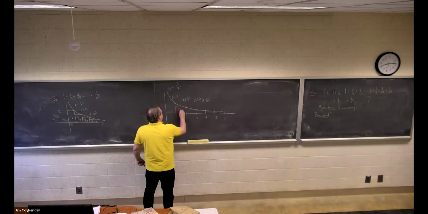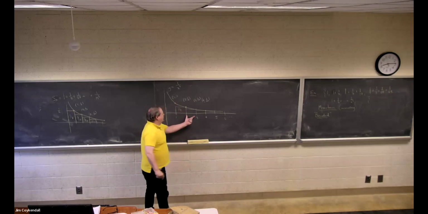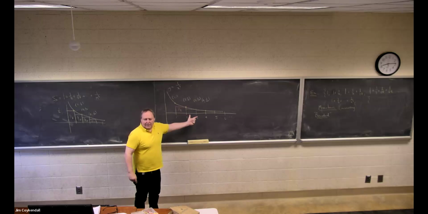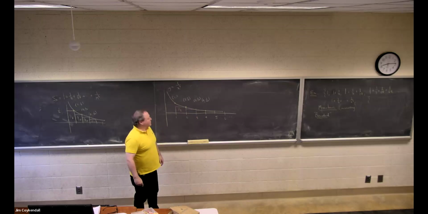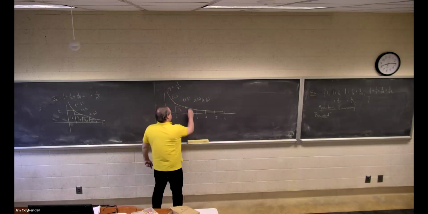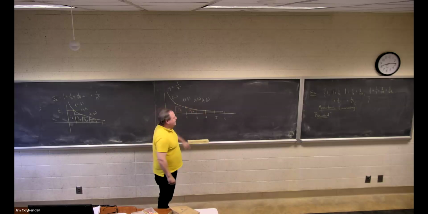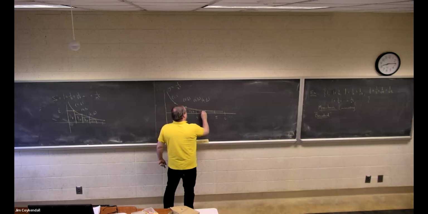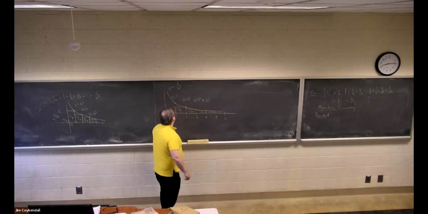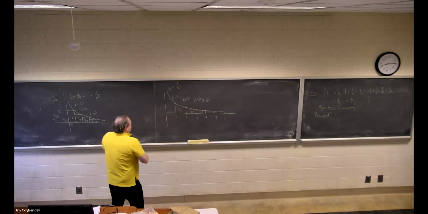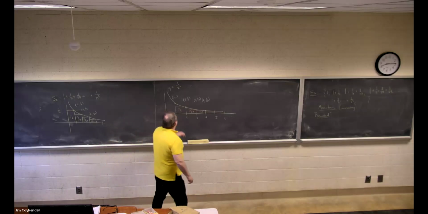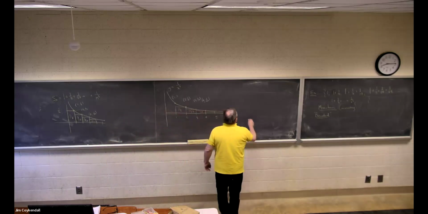Agree with that? The width of this box is 1, and the height is now what? 1/27, right? Width of this box is 1, and the height is 1/64, and so on.